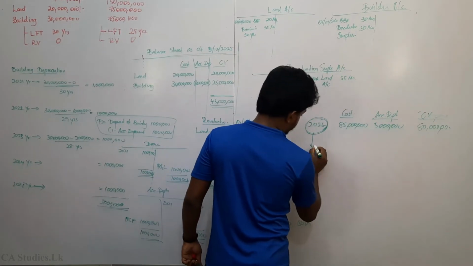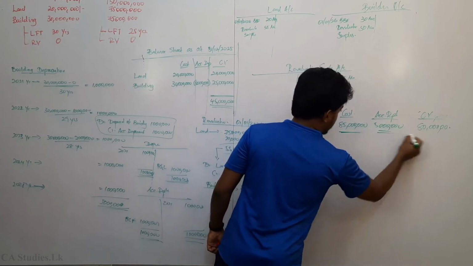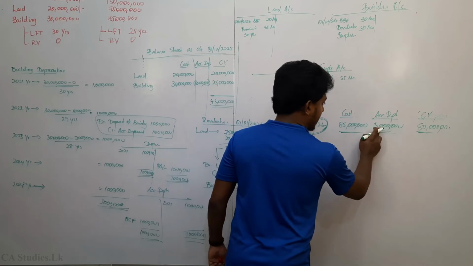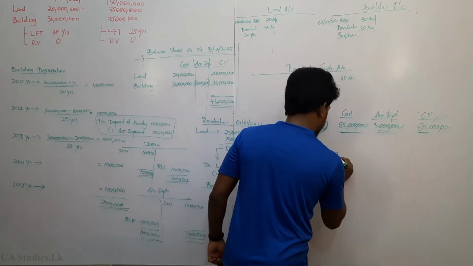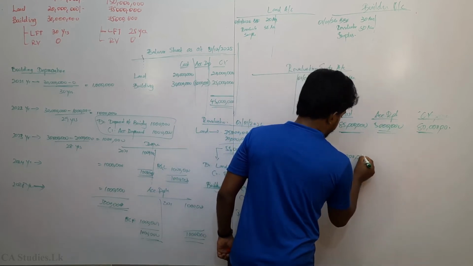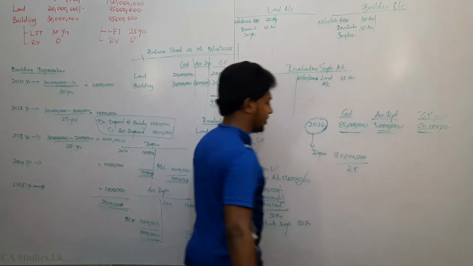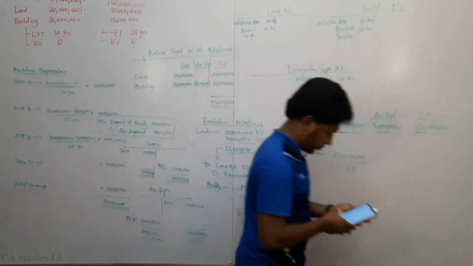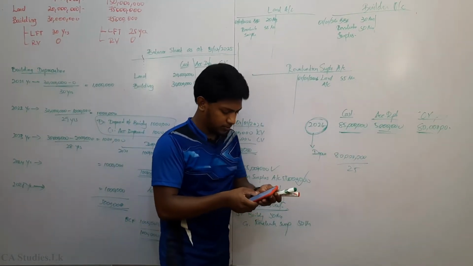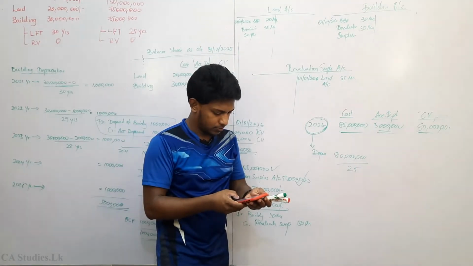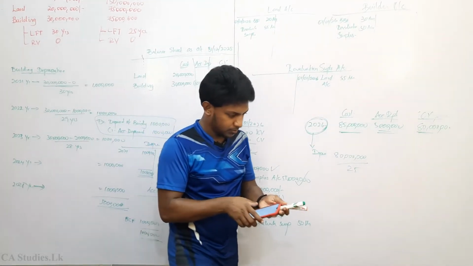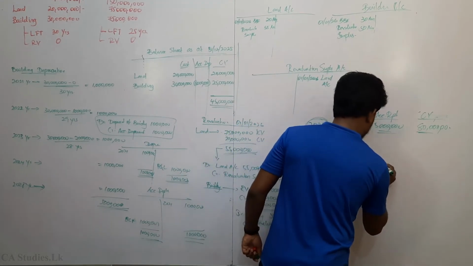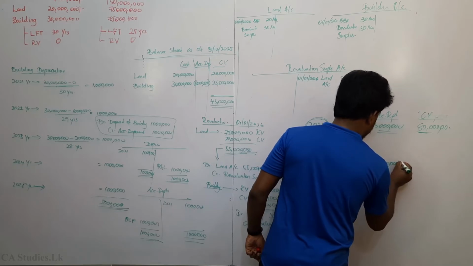So the depreciable amount is 85 million minus 5 million, 80 million. So 80 million is for 25 years. If I divide the 80 million by 25, how much? 3.2 million is the depreciation for this year.